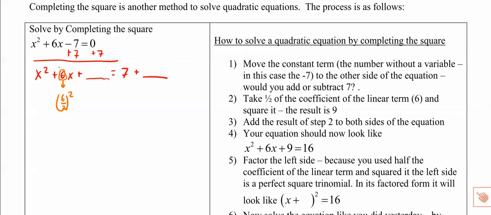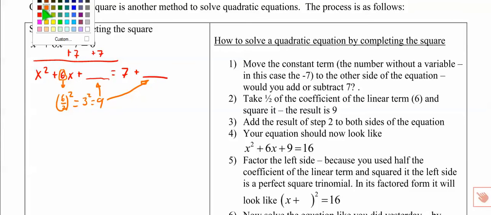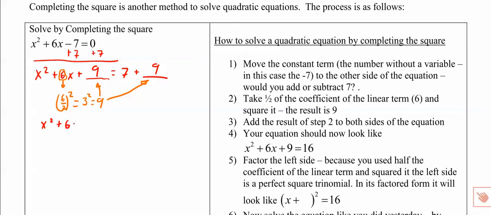I will always take this number and divide it by 2, and then I'm going to square it. That is going to equal 3 squared, which is 9. That 9 goes here, and it goes there. So continuing, I have plus 9, or x squared plus 6x plus 9 equals 16.